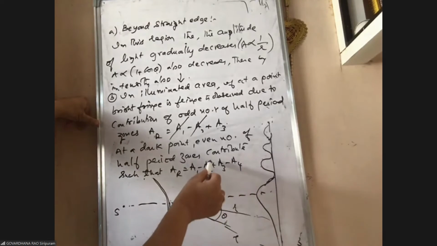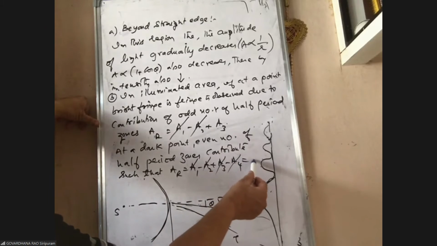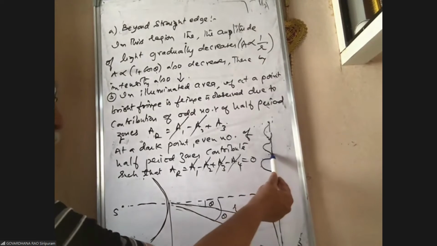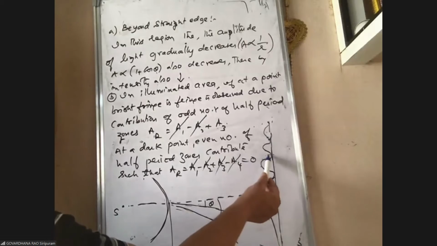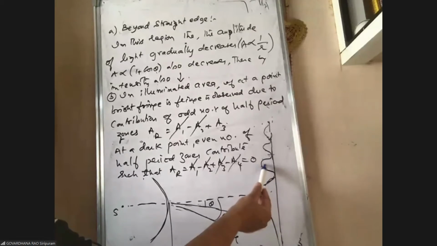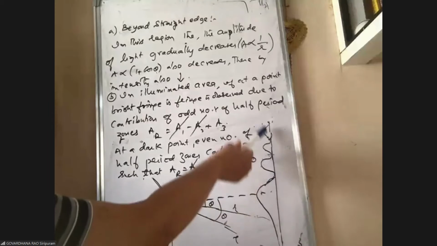If even number is there, this is cancelled by this, this is cancelled by this. You will get almost zero. A dark spot there: even number of half period zones contributing to the amplitude. Bright spot there: odd number of half period zones. So like this, you will get alternate dark and bright fringes.